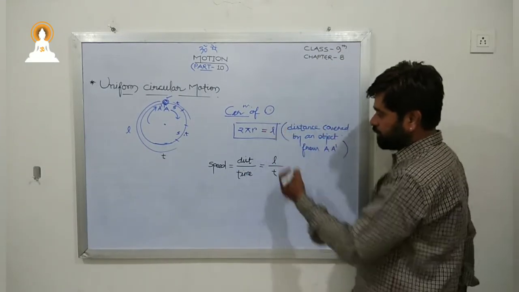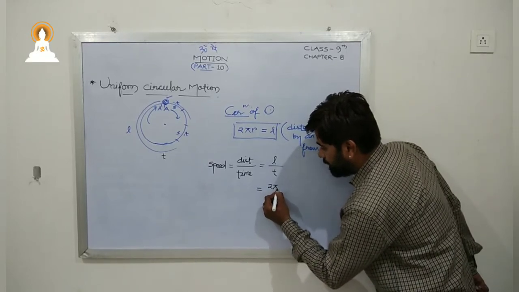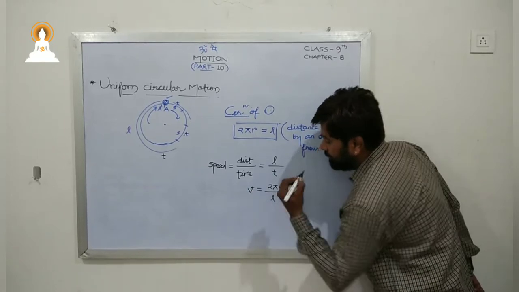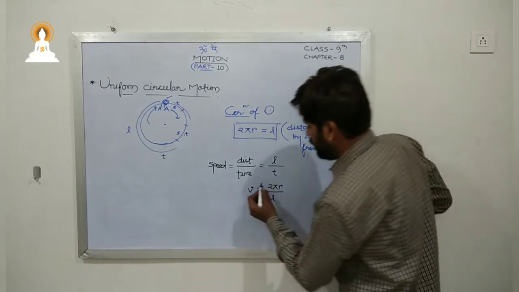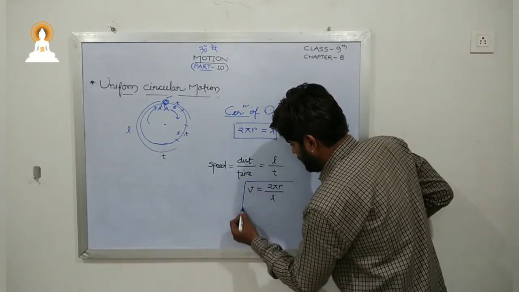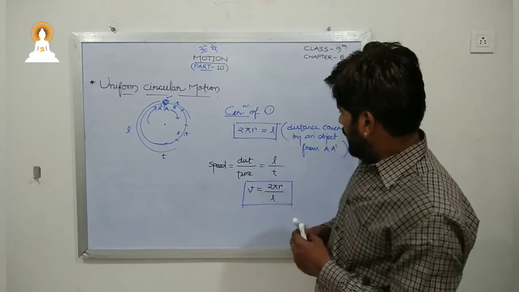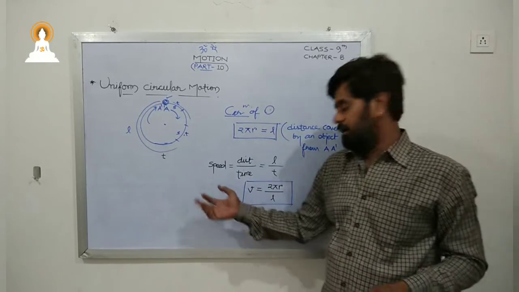Now L is 2 pi r, so the speed will be 2 pi r upon t. This is our formula for the speed. These are the two important things we have to see in uniform circular motion, and we will solve an example regarding this.